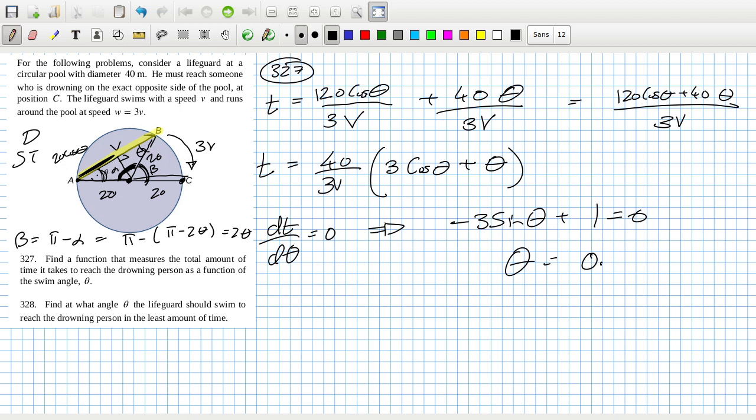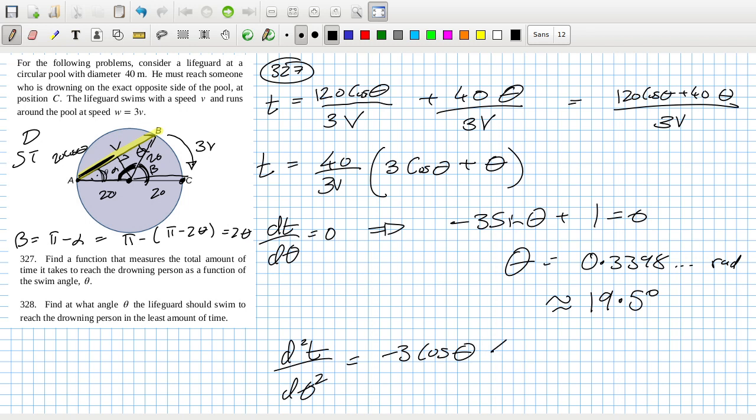So that's about 0.3398 radians, which is roughly 19.5 degrees. And we can confirm whether it's a maximum or minimum because the derivative again will be minus 3 cos theta.